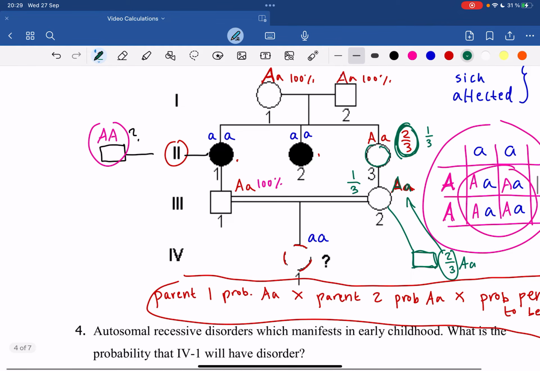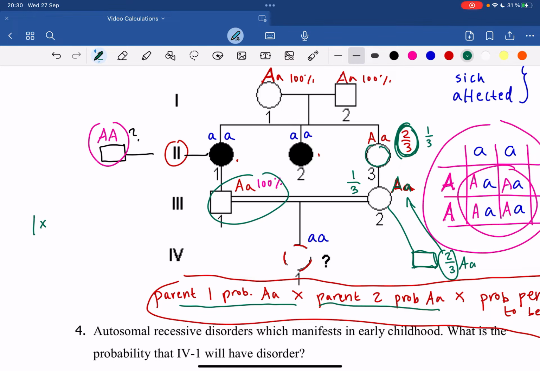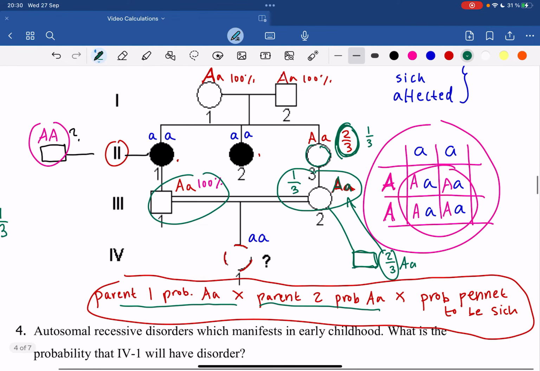Okay, so parent 1's probability to be heterozygous right here is 100%. 100% we can write as 1, times parent 2's probability to be heterozygous, which is right here, and her probability is 1/3, times the probability from the Punnett square for this child to be sick if both parents are heterozygous.